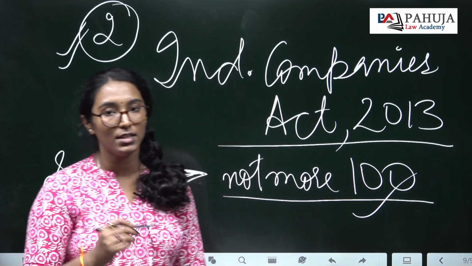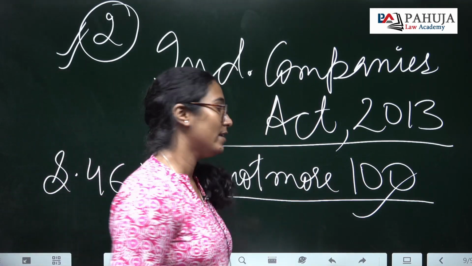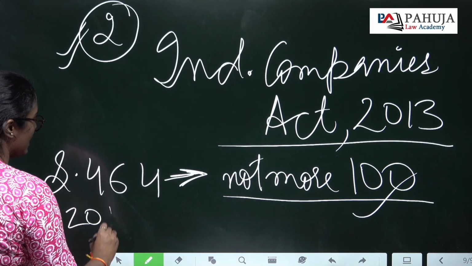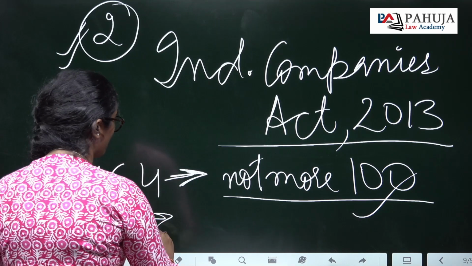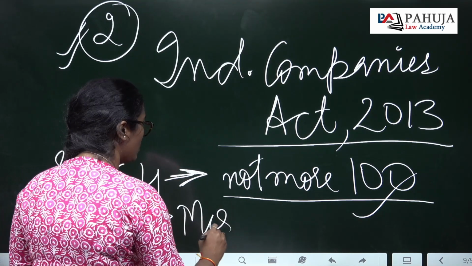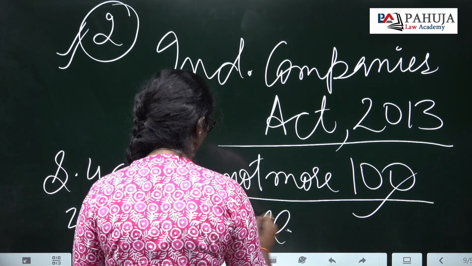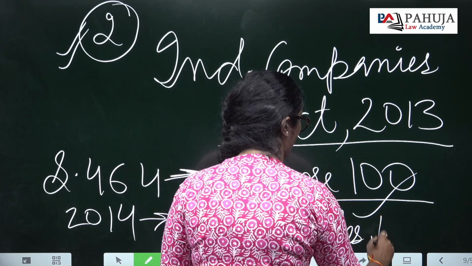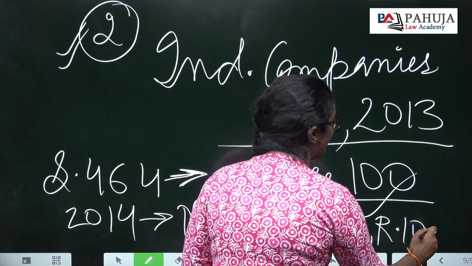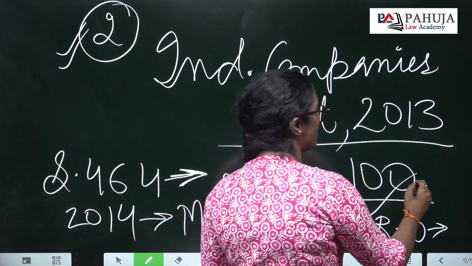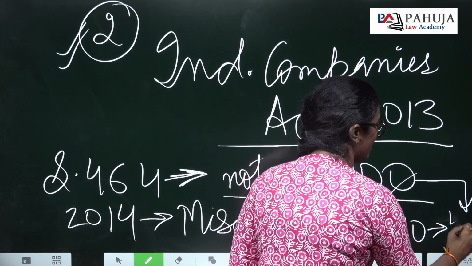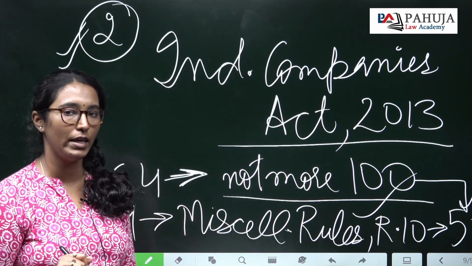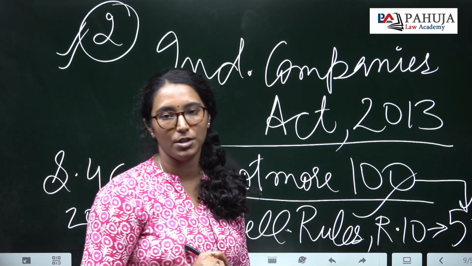But this provision was further amended by the 2014 Miscellaneous Company Rules. In the 2014 Miscellaneous Rules, Rule number 10 has reduced this number to 50. Now, only a maximum of 50 persons can be partners in a partnership firm.